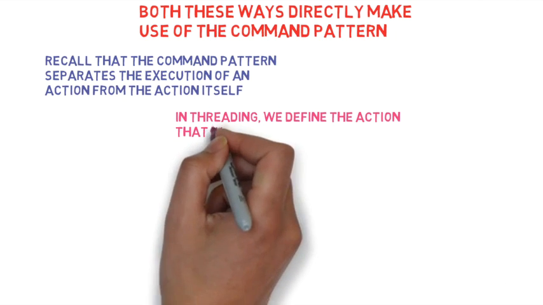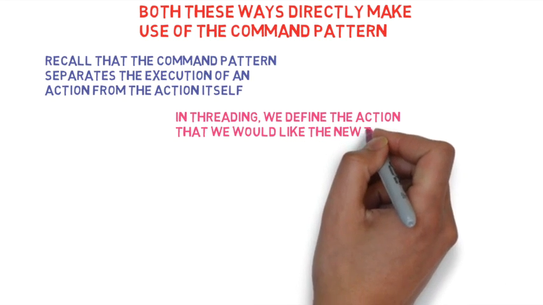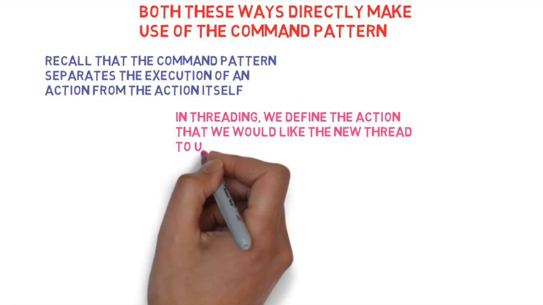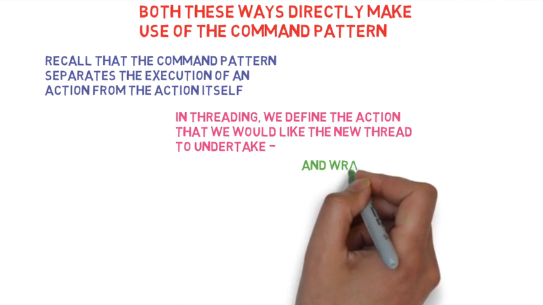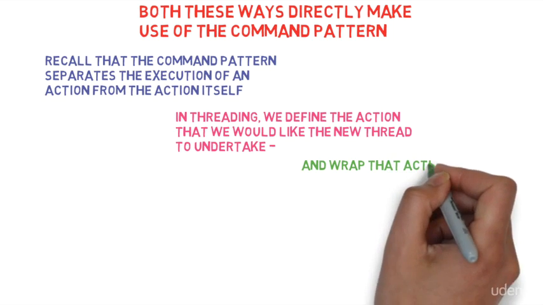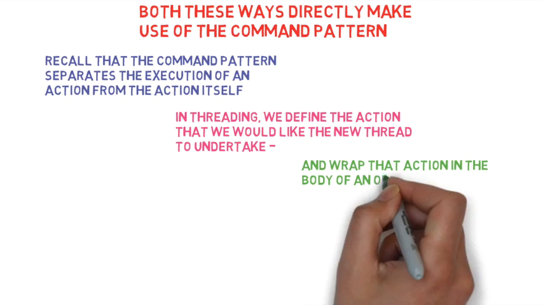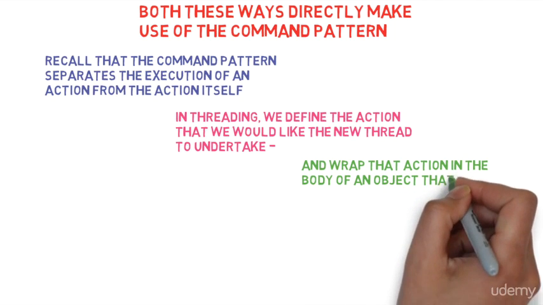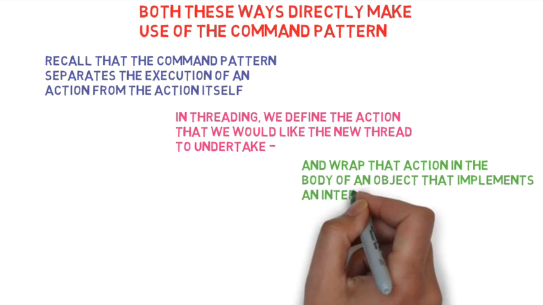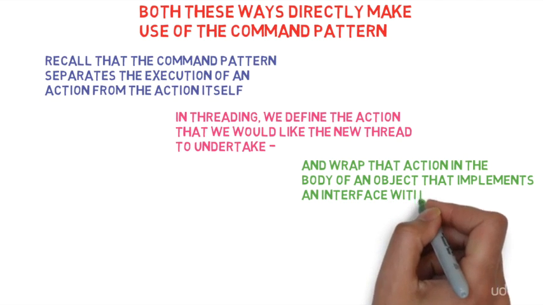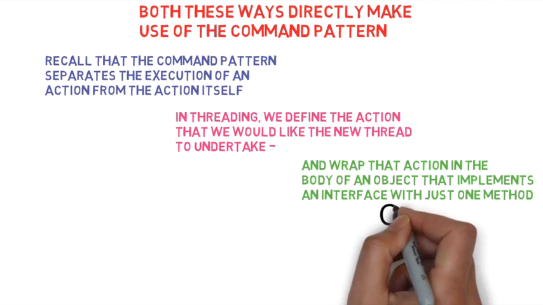Similarly, in threading, we define the action that we'd like the new thread to undertake. Basically, we say this is what we'd like to run on another thread in parallel with whatever else we are doing. We wrap that action in the body of an object that implements an interface, either callable or runnable, with just one method. So the callable or runnable, the interfaces both have just one method.